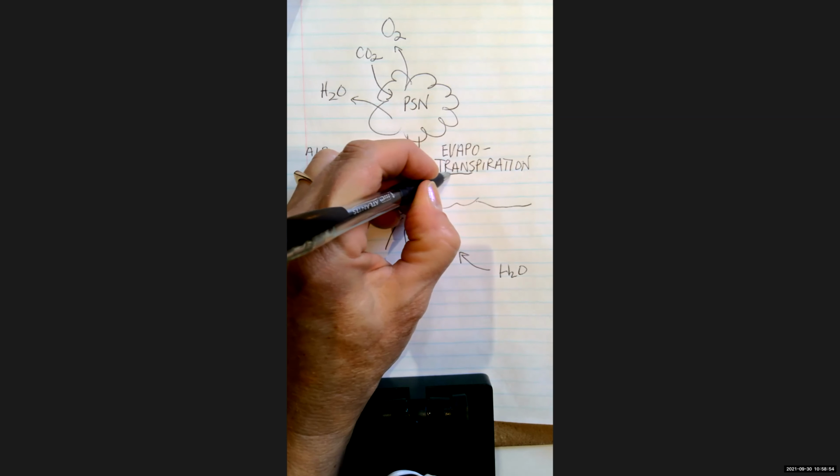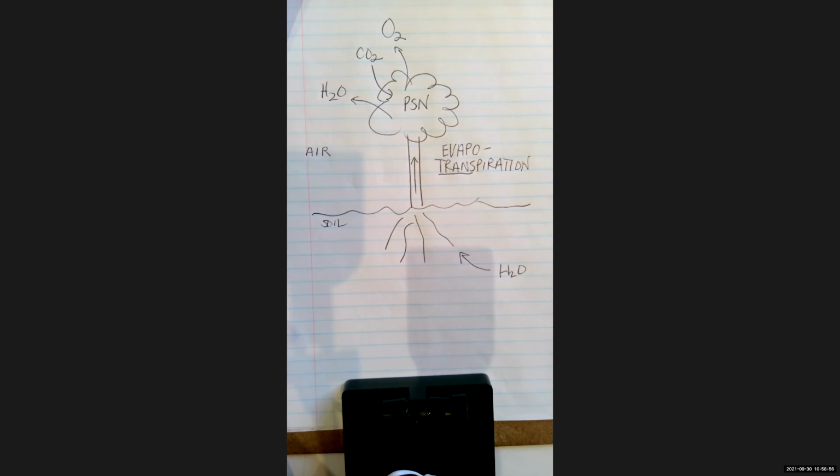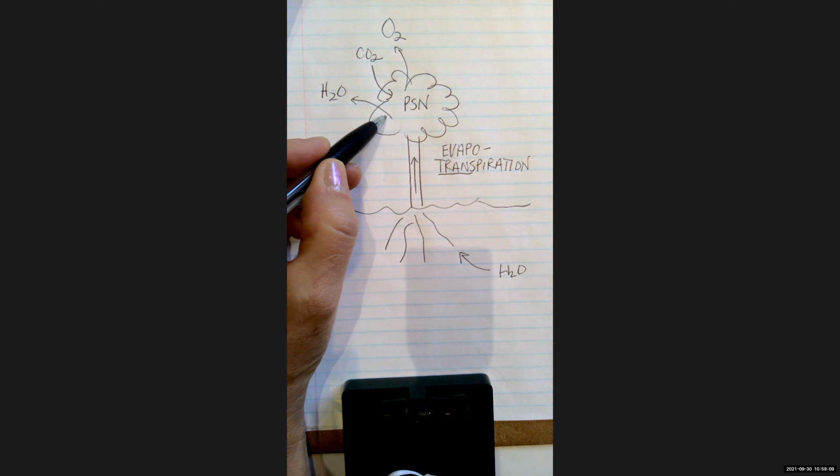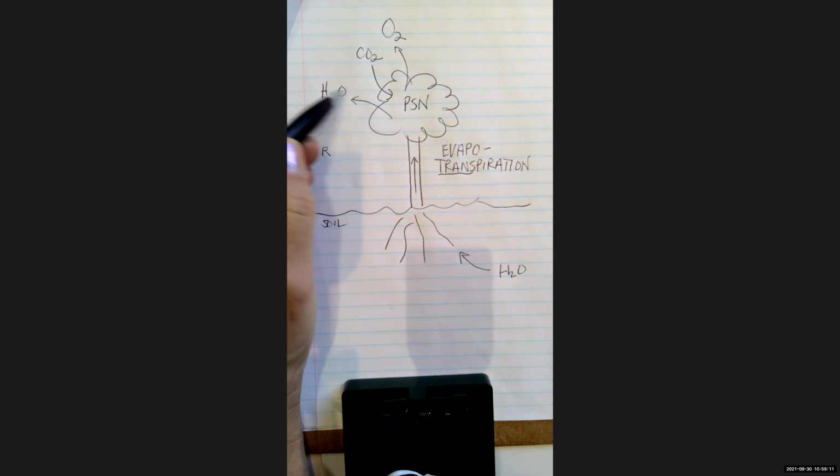Perspiration is what people do when we exercise. We perspire or we sweat. And this evapotranspiration is sort of like plant sweat. Right? And the reason the water is leaving the leaves is because it's evaporating. It's changing from the liquid state to the gas state and moving into the air around the plant.